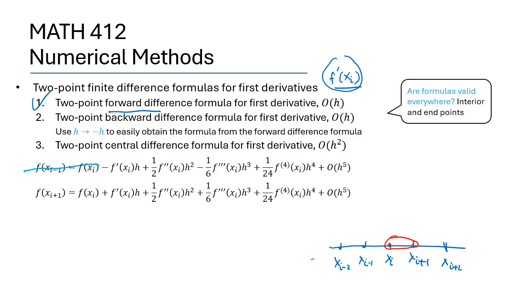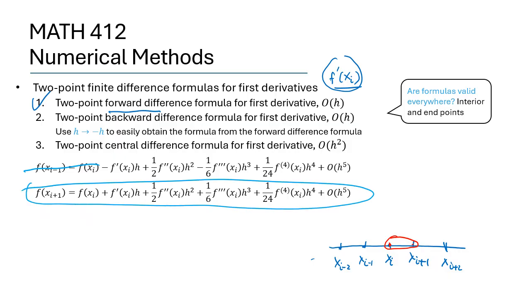We don't need the first one because it has x sub i minus 1; we just use this one. We want this formula, and so this is just f of xi plus f prime of xi h. And this term, we cannot assume it's 0, so that's capital O.